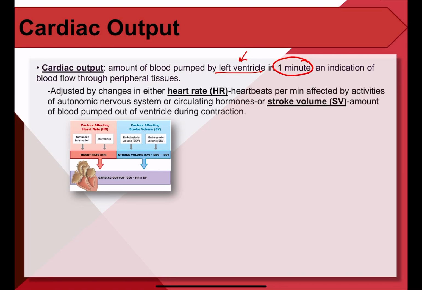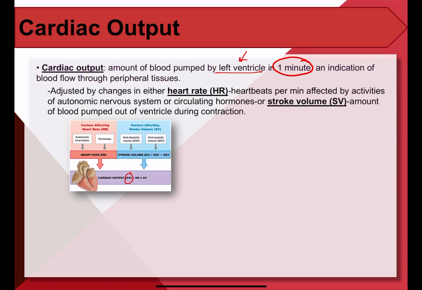Now, this value of cardiac output is abbreviated as CO right here in this formula. See, this is what I mean by AMP2 actually requires some memorization of formula and all these different values as well. That's the difficult part of AMP2.